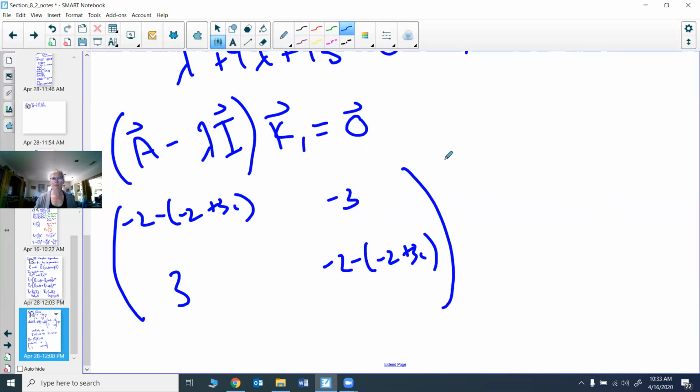Because they're complex conjugates, you only need to work with the positive one. You'll get the same answers in the end if you use the negative one, but we decided it's easier just to use the positive one. And then it's going to be times k1, k2, and that, of course, equals 0.